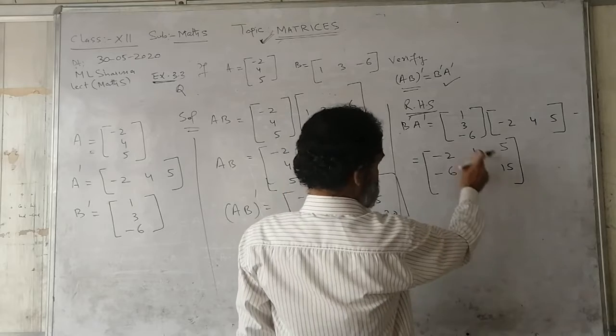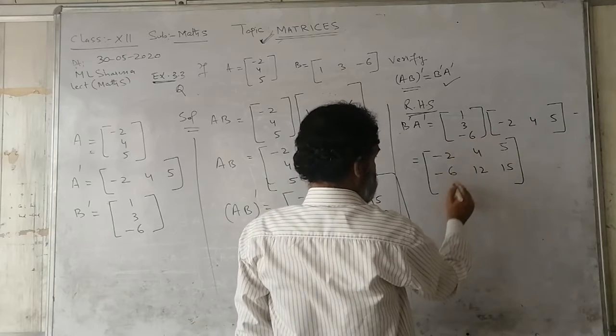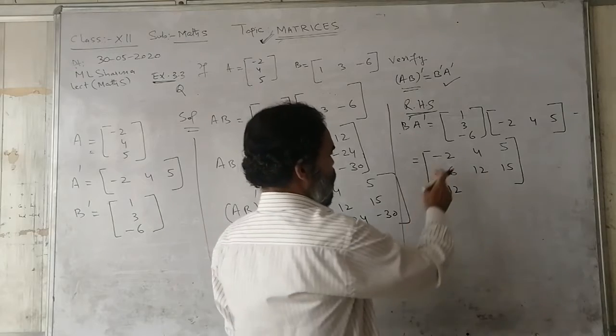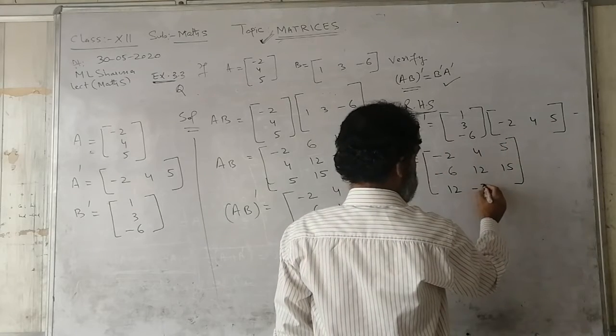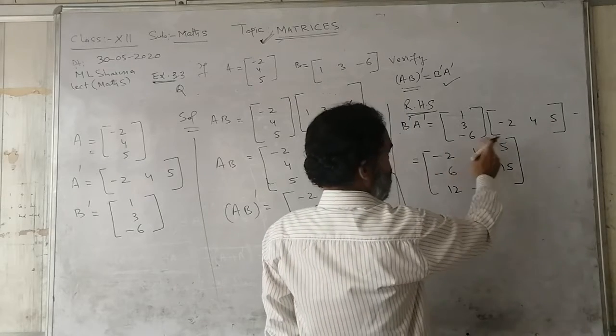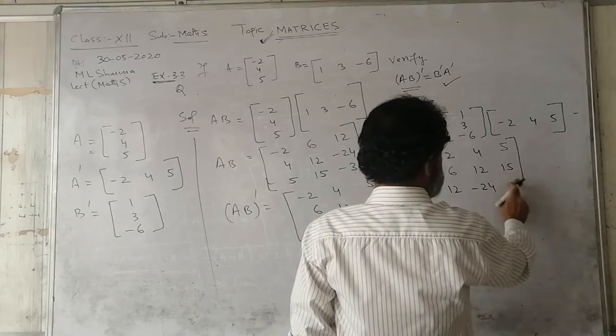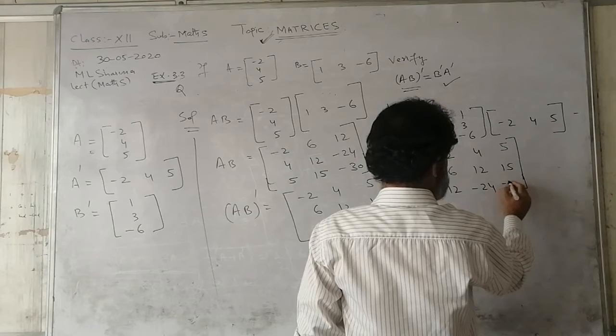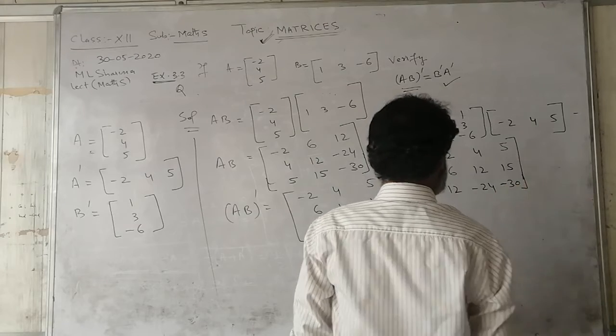Then minus 6 into -2 will be plus 12. Minus 6 into 4 is minus 24. And minus 6 into 5 is minus 30 here.